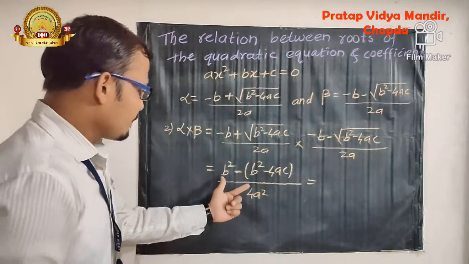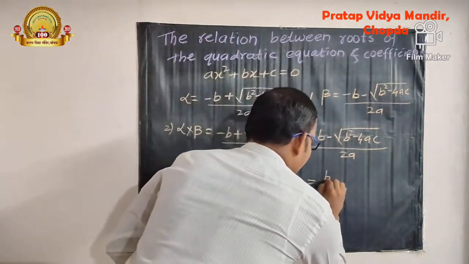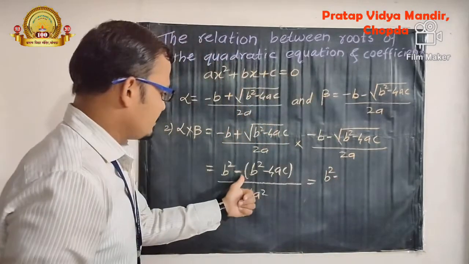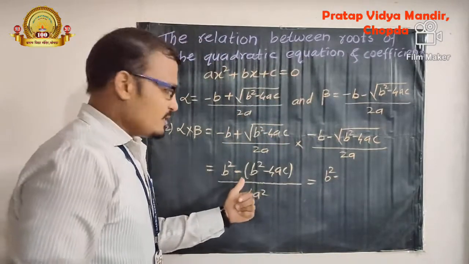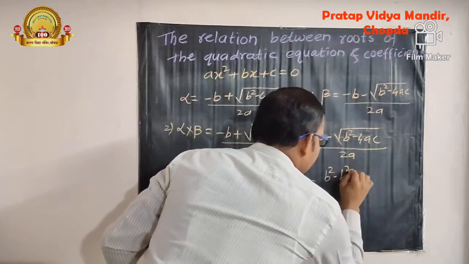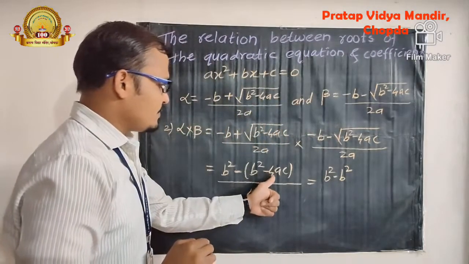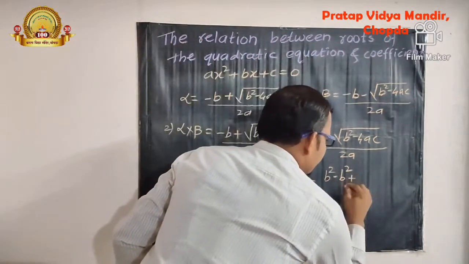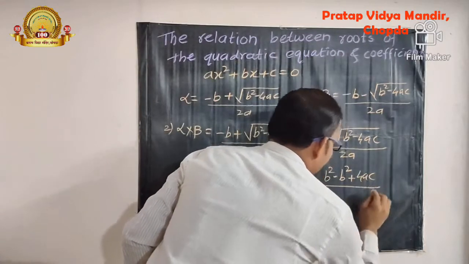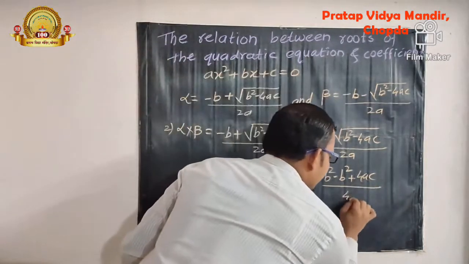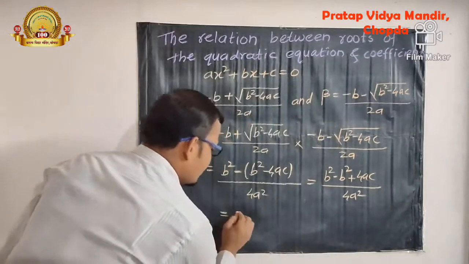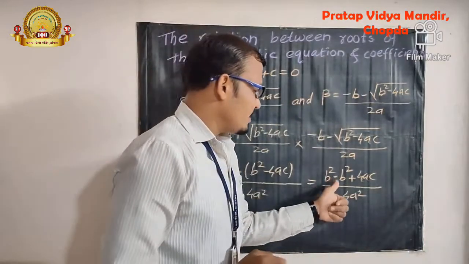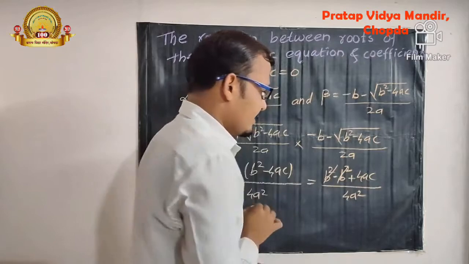So let us solve. b square as it is, then this b square gets minus sign, minus b square, and this 4ac is plus 4ac, upon 4a square. So here plus b square minus b square get cancelled.